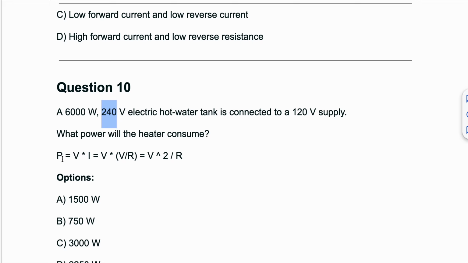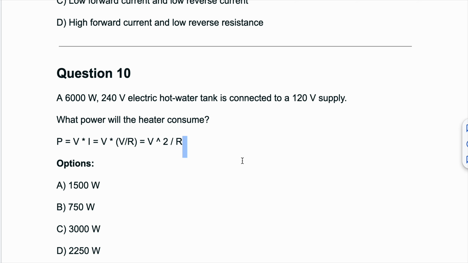So the power would be divided by 4. If we plug this device into 120 volts, the amount of power this device produces is just this 6000 watt divided by 4.